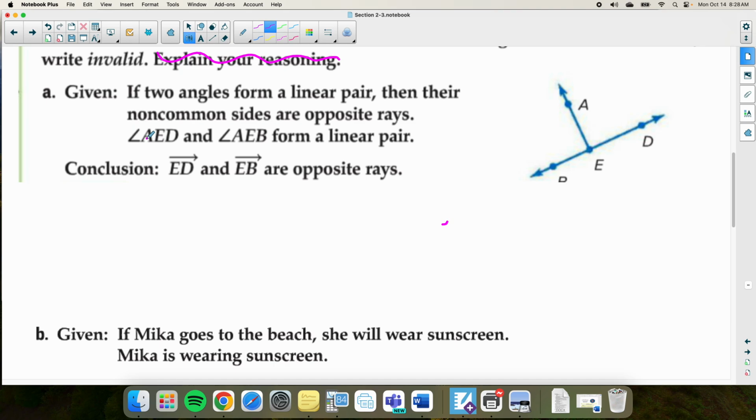This is talking about two angles that form a linear pair. So it is talking about the beginning. Is this talking about opposite rays? It is, correct? Do you guys get that? This is referring back to the beginning. This is referring back to the second part. So what we would say there is that this is valid. Okay? So all you're saying on this is valid if it is, invalid if it's not.